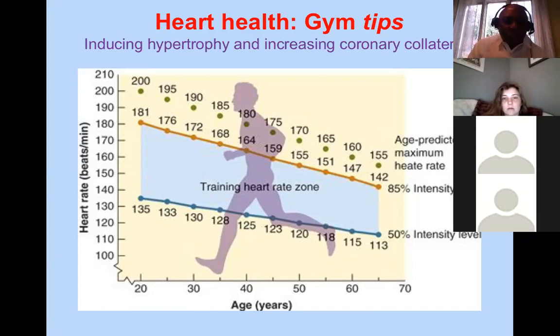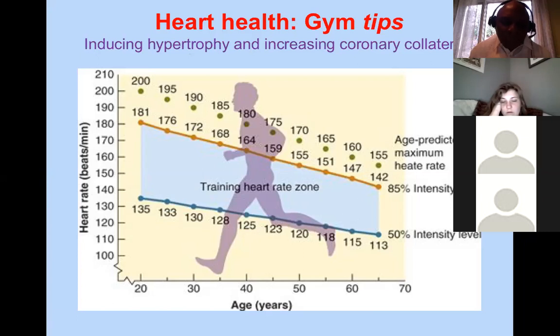So that's the congestive heart failure type of hypertrophy, where the heart enlarges because of uncontrolled hypertension. So that's the bad one. Now, what we're talking about is the good one, okay? This increases the efficiency of the heart and reduces the heart rate.